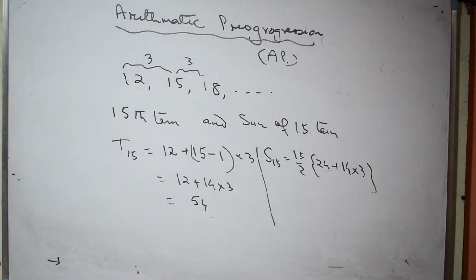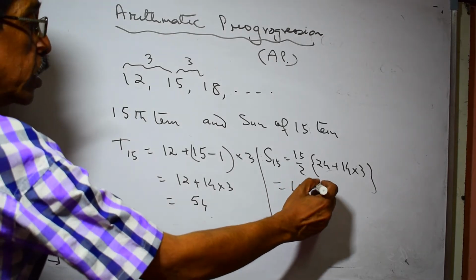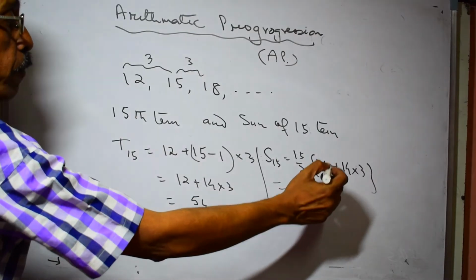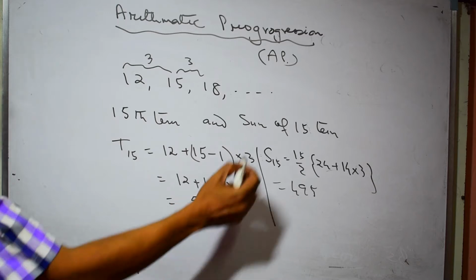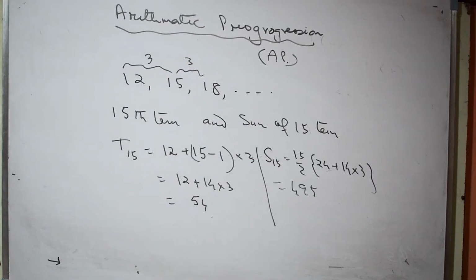So we have 42 plus 24, that is 66, divided by 2 is 33. So 33 into 15, and the final answer is 495. The difference between the two is that this is the total of all terms up to the 15th term, and this is the 15th term alone. So this is the idea of AP.